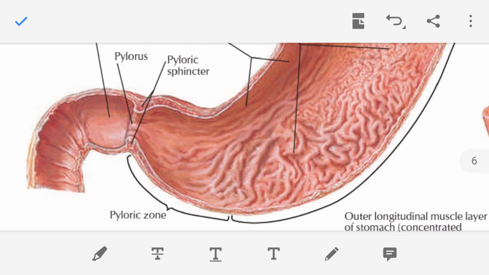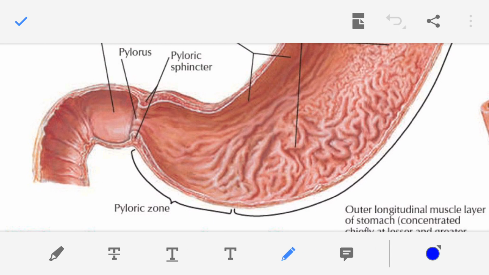between the pyloric zone and the ampulla of the duodenum, this is the pylorus. From here the chyme will enter into the duodenum.